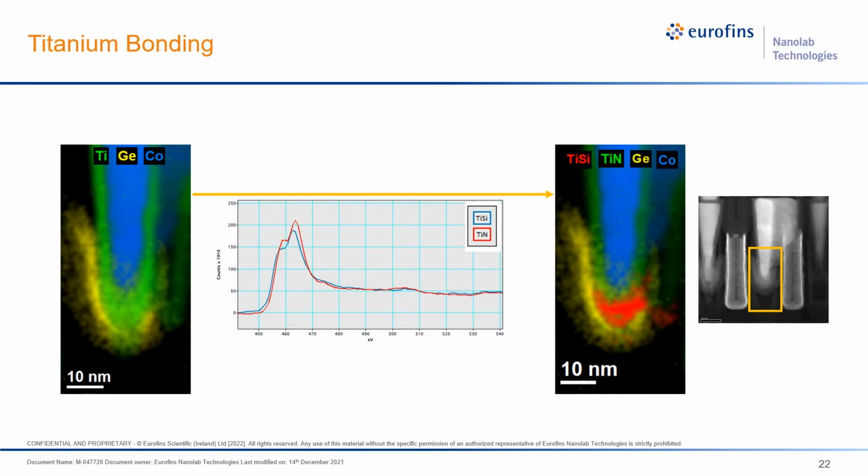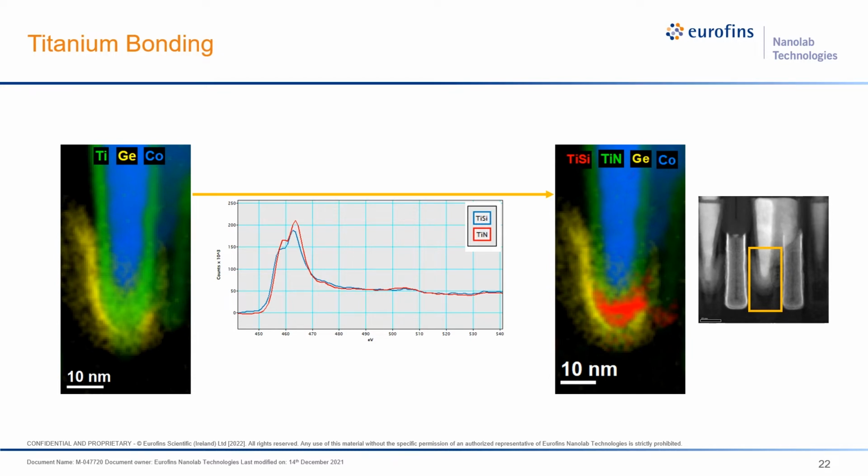One major benefit of EELS is that it can help us check elements bonding information. This is especially useful when you have a mixture of the same elements, but bonded as different forms of compounds. Here I show an example of titanium bonded to nitrogen and silicon. As the dimension of FinFET keeps going down, one of the biggest issues is how to ensure the low resistivity between the metal contact and the source drain.